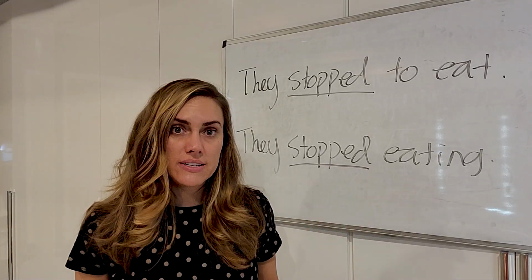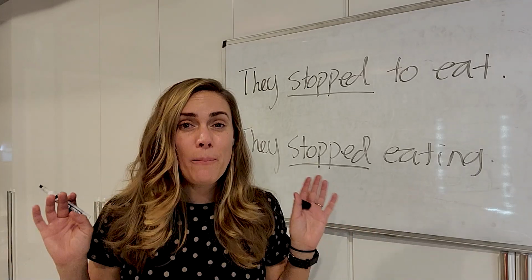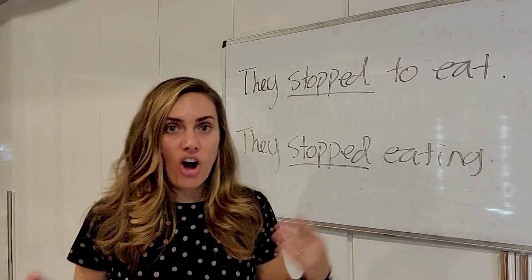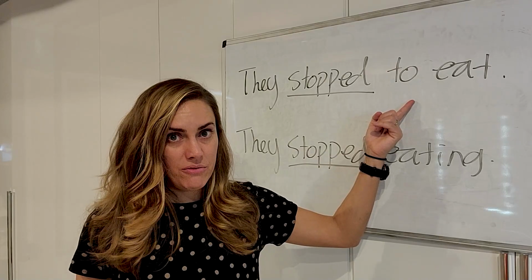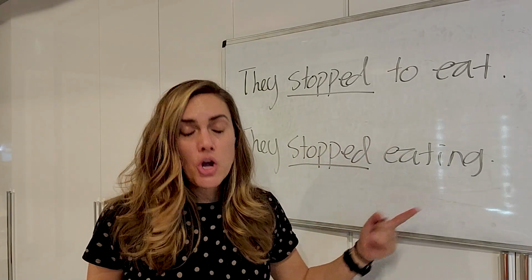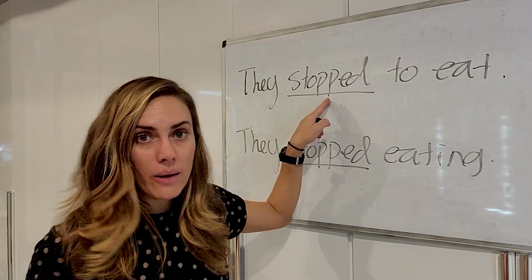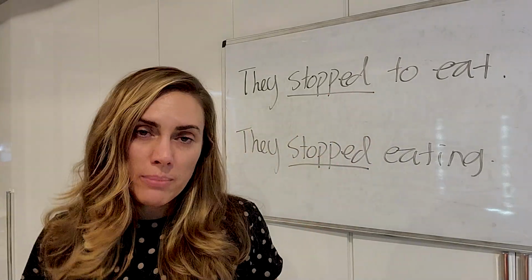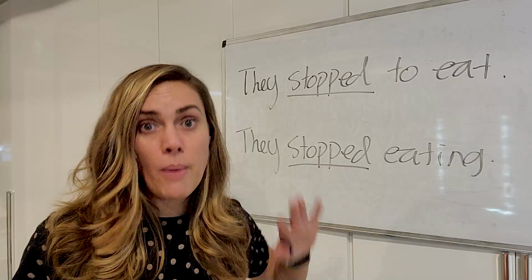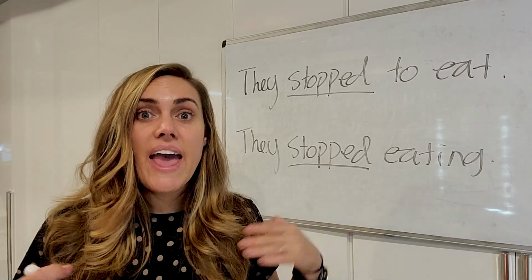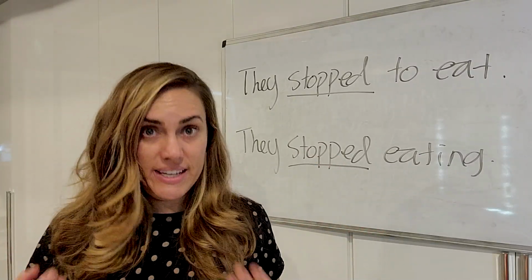They're both correct, but the meaning changes completely depending on whether you use an infinitive or a gerund. So what does it mean to use an infinitive after the word stop? It means that you stopped something else, some other activity, in order to eat.